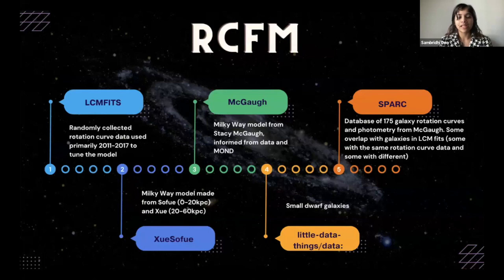Yeah, so my target analysis consisted of 5 kinds of data sets. One was LCM fits, which was randomly collected rotation curve data used primarily from 2011 to 2017 to tune the model. Another was MEGA, the Milky Way model from Stacy MEGA, informed from data and MOND. Another was Spark Galaxy.